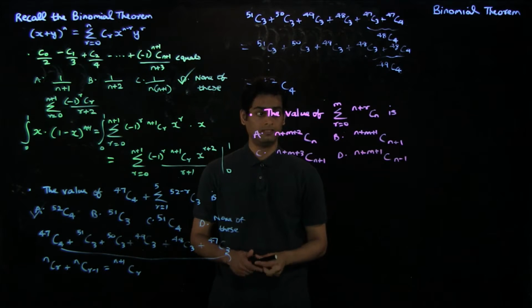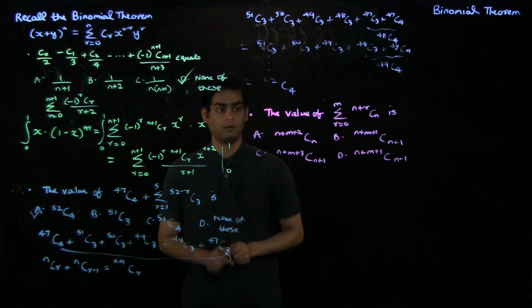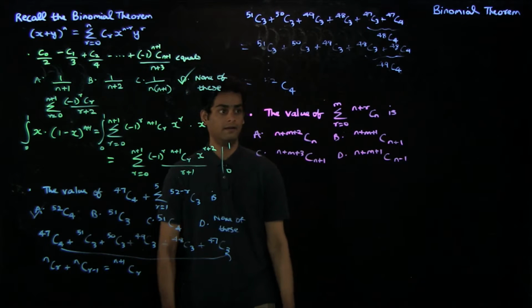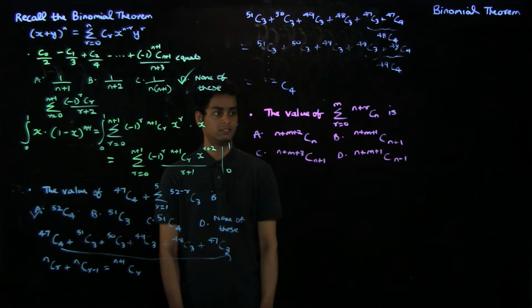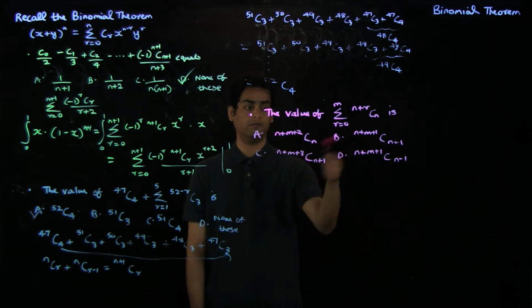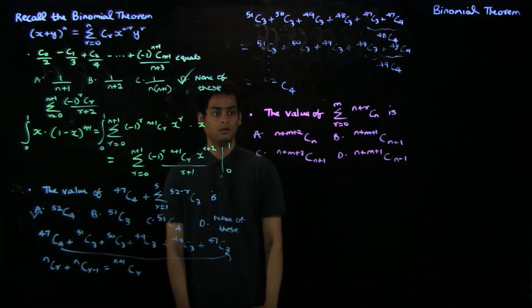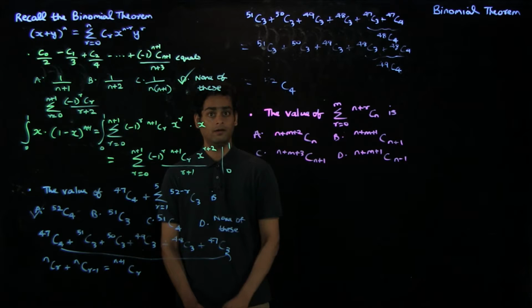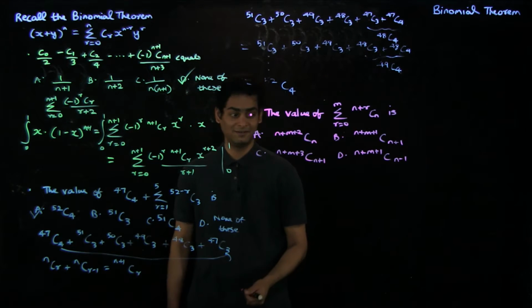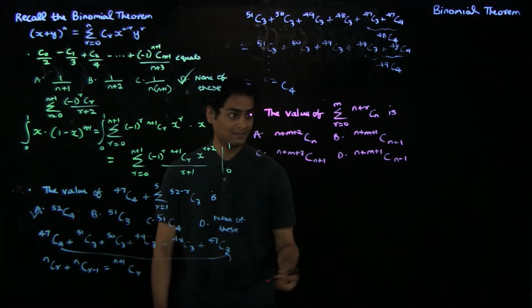Again, for this example, it is probably possible for you to plug in suitable values of m and n into this expression and narrow it down to one of these four options if you are choosing m and n in a clever manner. But where's the fun in that? Let's try and derive what the answer actually is.